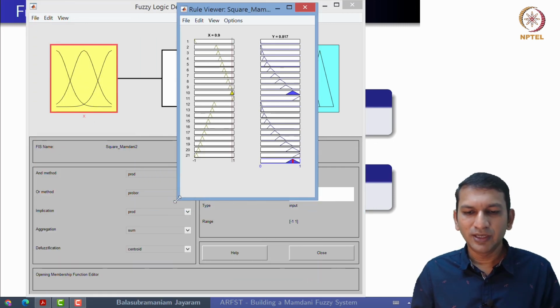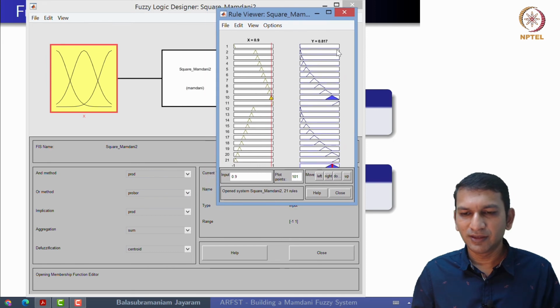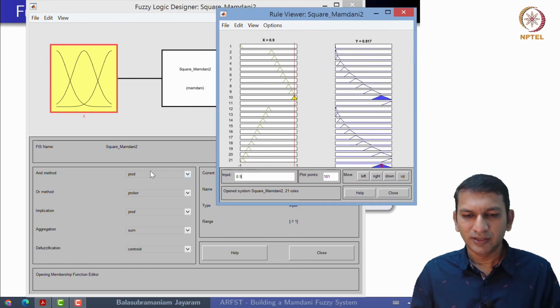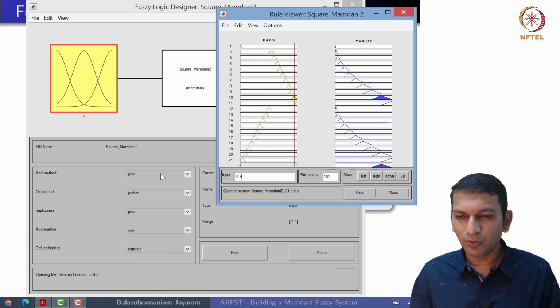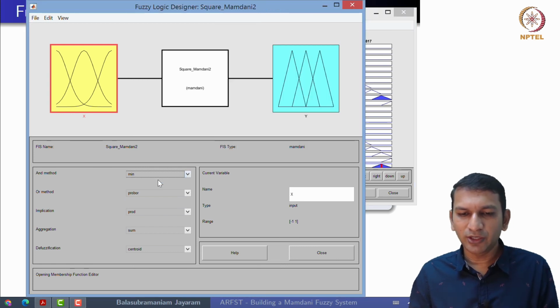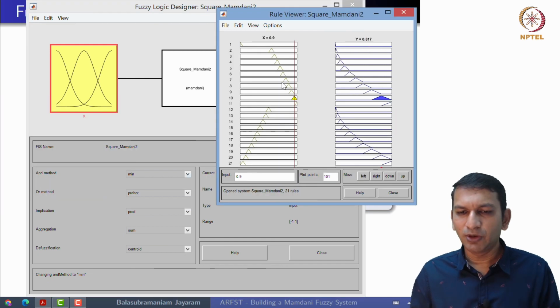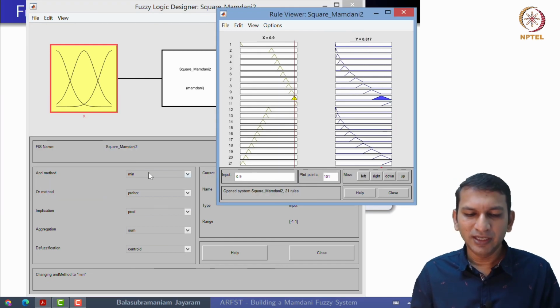Let's try to change some of the operations and see what it is that we get. For 0.9 here, we have got 0.817. Let's change this product to minimum. Now, that will not make any difference because we are talking about singleton inference.